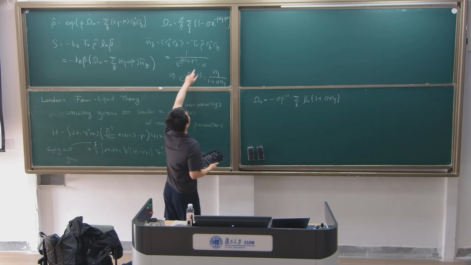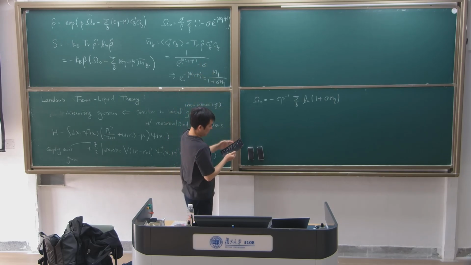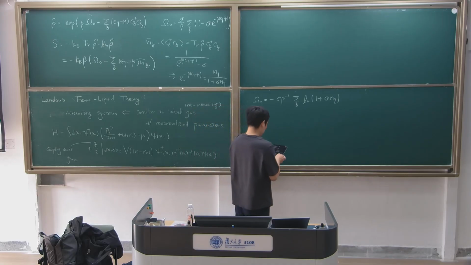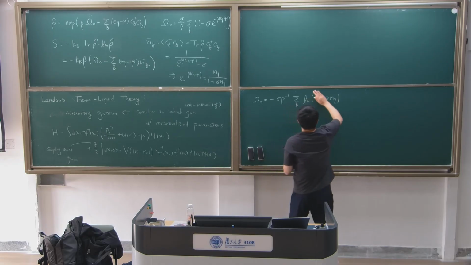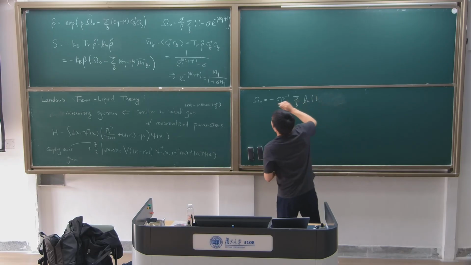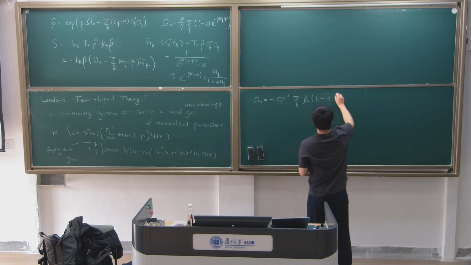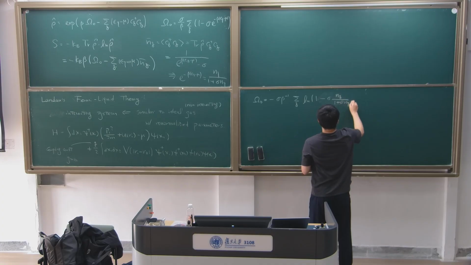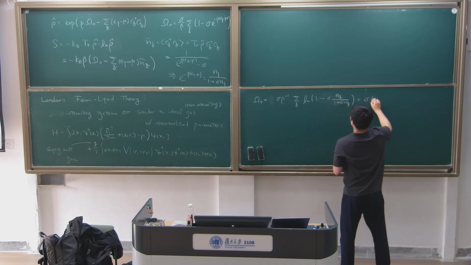So plug this one over there and massage it. You can just show this. Okay, maybe I should do that. Minus sigma n_q, 1 plus sigma n_q, and this is sigma inverse.